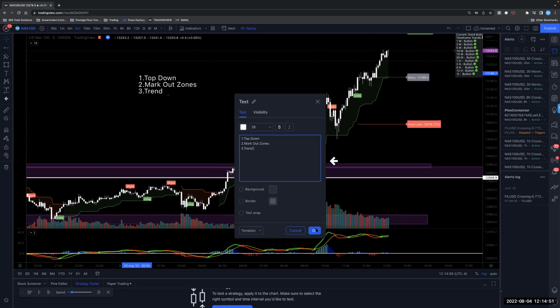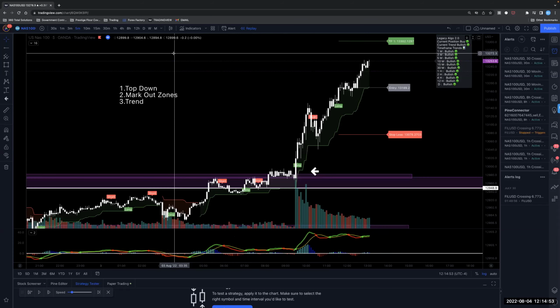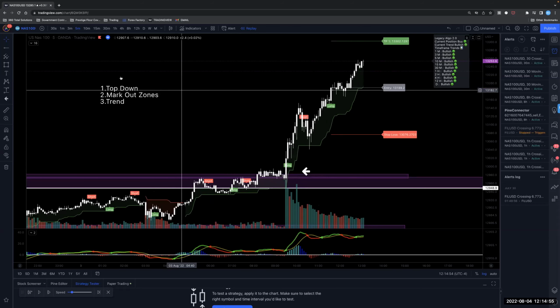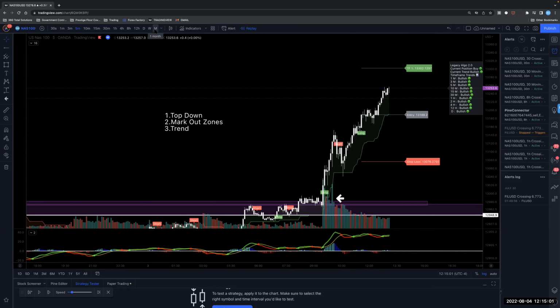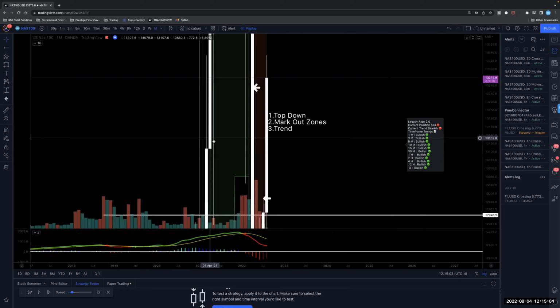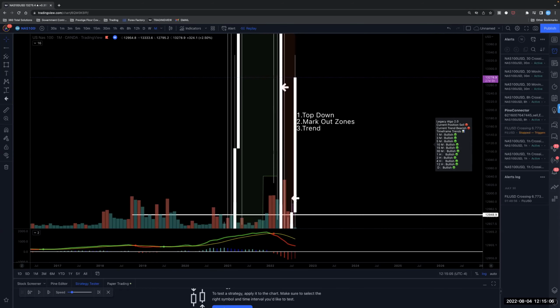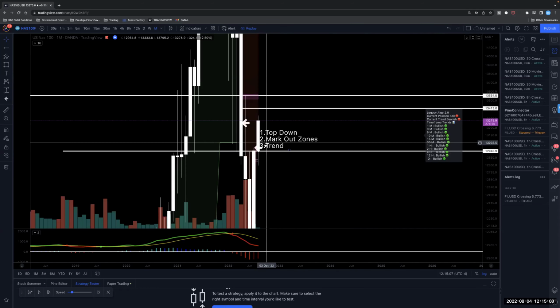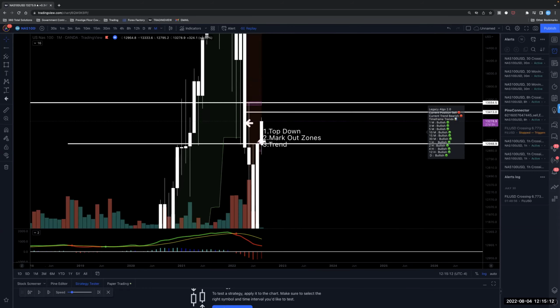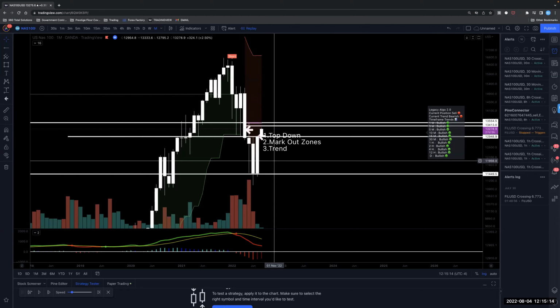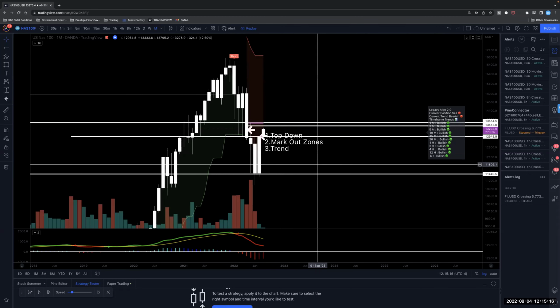So very simple. If you want to start off with the top-down analysis, essentially all that is just going from the monthly, the weekly, the daily, and marking out your areas of interest where price can essentially react. As you can see here, we have the monthly pulled up. The monthly overall is trending down.